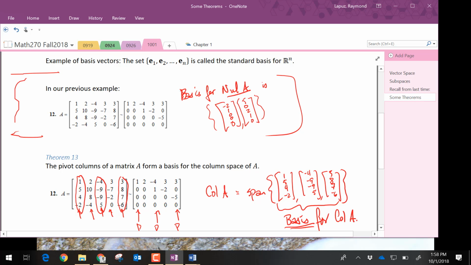In fact, I can take any linear combination of these 5 vectors, randomly multiply by some numbers and add them all up, and I can still write it as a linear combination of these 3 vectors, because these are the basis vectors. This is what allows me to write anything in that set.